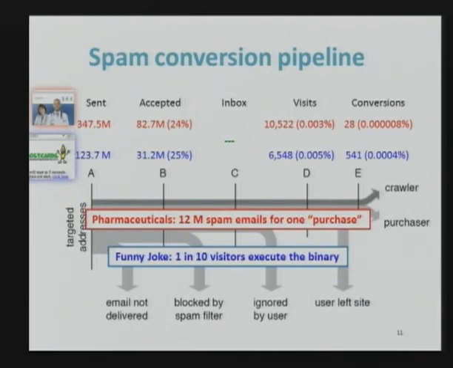Or whether their antivirus says, oh, this program is unchecked or possibly malicious, do you still want to run it? They still decide that 1 in 10 of people is willing to run a program that just gets advertised to them from a complete stranger purporting to have a funny joke. So that's another interesting takeaway from this data set.